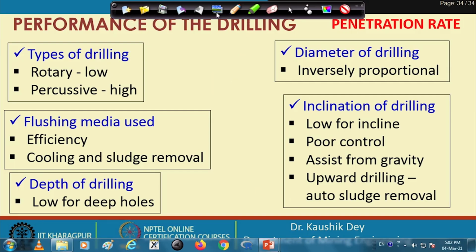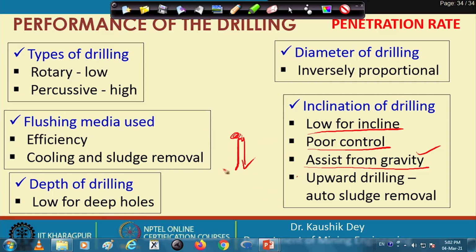Then the inclination of drilling: the rate is low for inclined holes because of poor control. If you are carrying out drilling vertically downward, the drilling is assisted by gravity, so that is the better option. But if you are drilling in the upward direction, the drilling is carried out against gravity, though it has a benefit that the sludge and drill cuttings are automatically released from the hole because of gravity.